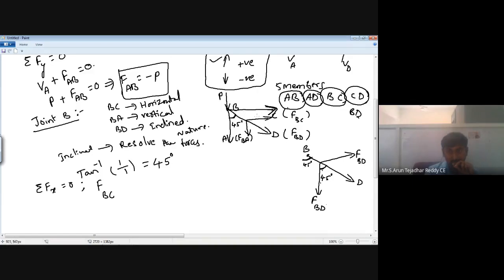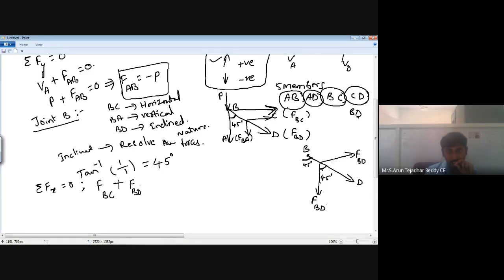Next, after resolving the forces, FBD is also a horizontal force, and check that direction. Right side, so take positive FBD, and after resolving apply sin theta or cos theta.